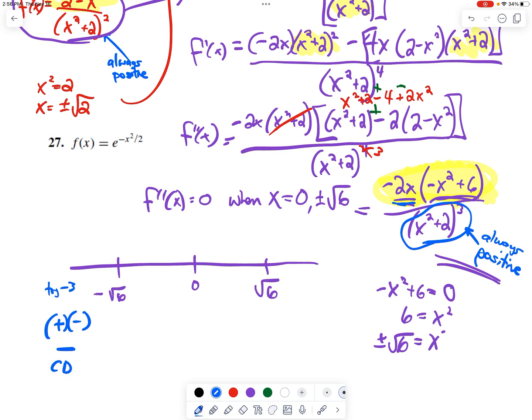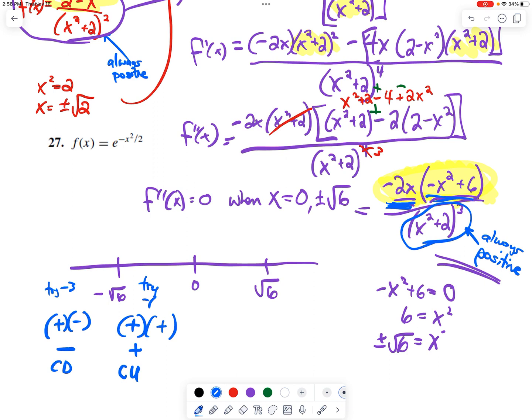From negative radical 6 to 0, let's try negative 1. That means I'm going to have a positive first factor, the negative 2 times negative 1, and then I'm going to also have a positive for the second term, or the second grouping symbol, so I am concave up.